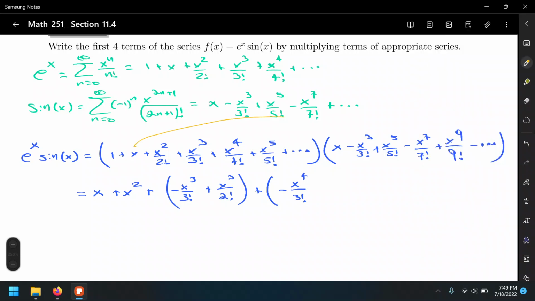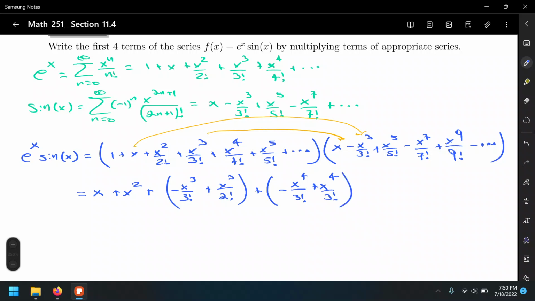Can I find another fourth power in a different way? We have x squared times x, that's x cubed, but x squared times x to the third is x to the fifth. No, that's bigger. How about the x cubed? X cubed times x, that's the one. We multiply with the x right here, and that gives us x to the fourth over 3 factorial.